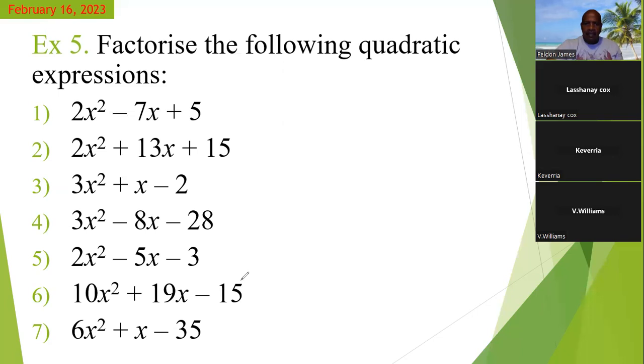All right. So let me go for this one. AC is actually 10 times negative 15. Of course, that would give you negative 150.